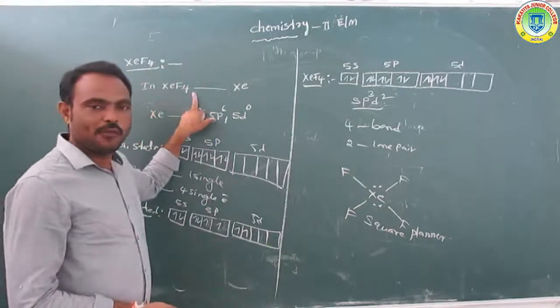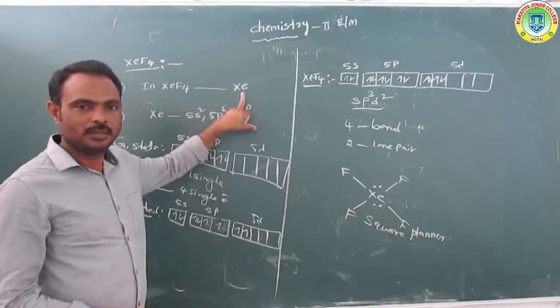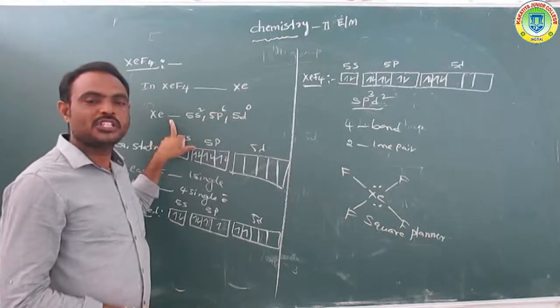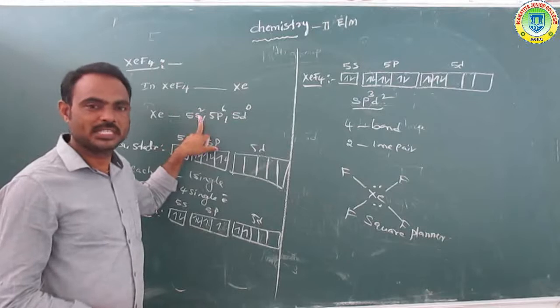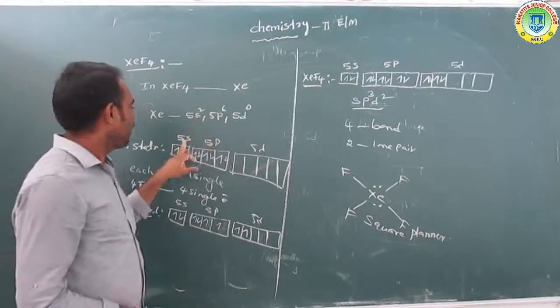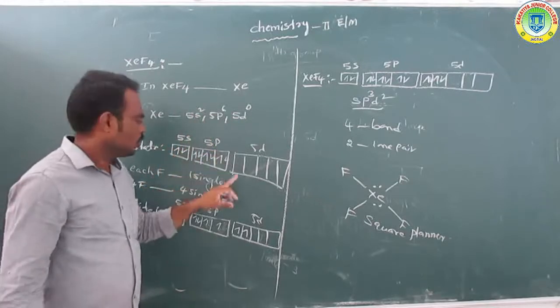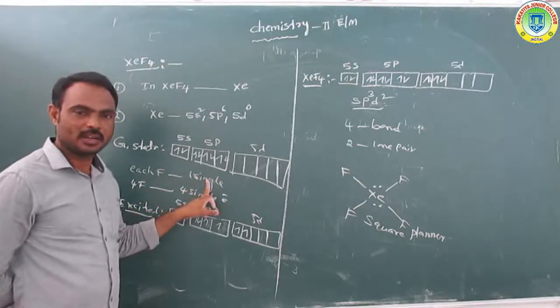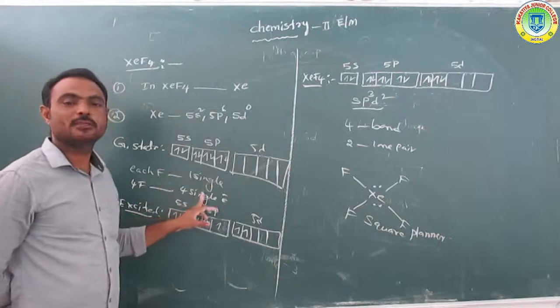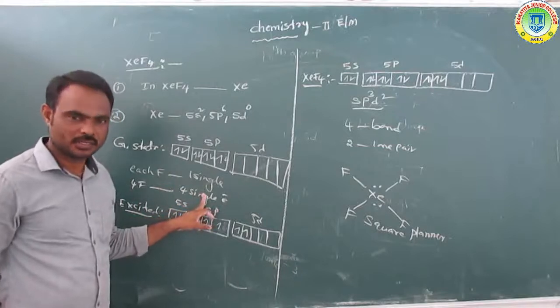In XeF4, the central atom is xenon. The outer shell electronic configuration of xenon is 5s2, 5p6, 5d0. Each fluorine atom contains one single electron, so 4 fluorine atoms contain 4 single electrons.